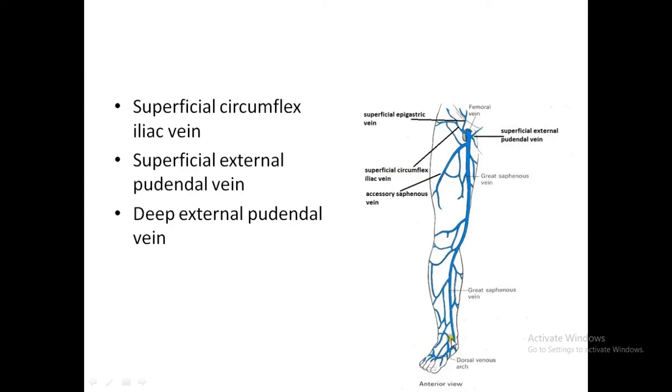It ascends medially, crosses the medial malleolus by passing anteriorly, but at the level of the medial epicondyle of the knee, it comes to lie posteriorly, and it finally ends just below the inguinal ligament into the femoral vein. There are several tributaries of the great saphenous vein.